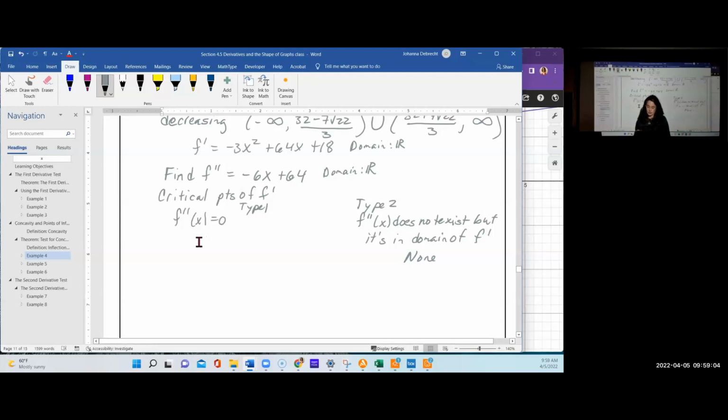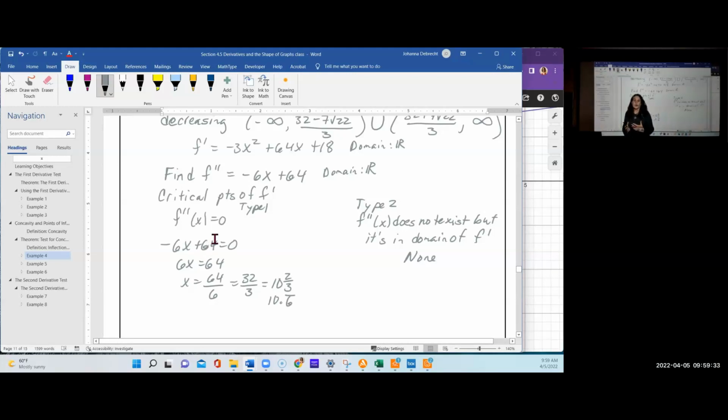So where does the second derivative equal 0? Take your -6x plus 64, set it equal to 0. So you get 6x equals 64, or x equals 64 over 6, which is 32/3, which is 10 2/3, or 10.6 repeating.